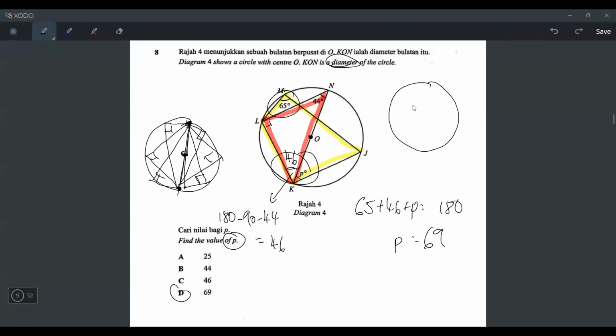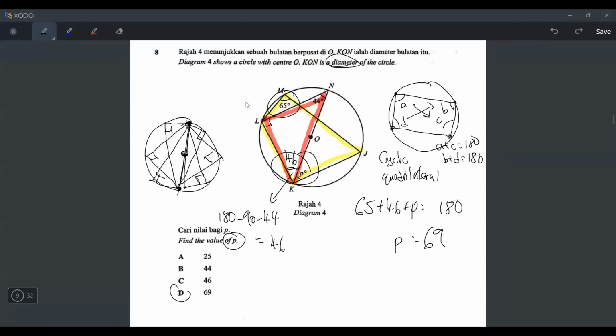So that's the answer. Let me explain a bit on this. If there's a circle and inside the circle there's a quadrilateral, quadrilateral means it has 4 sides, and all the 4 vertices of the quadrilateral touch the side of the circle, then it's called a cyclic quadrilateral. In a cyclic quadrilateral, you must know one thing: angle A, angle B, angle C, angle D. A plus C is 180, and then B plus D is also 180.